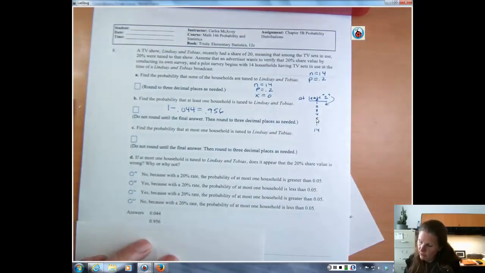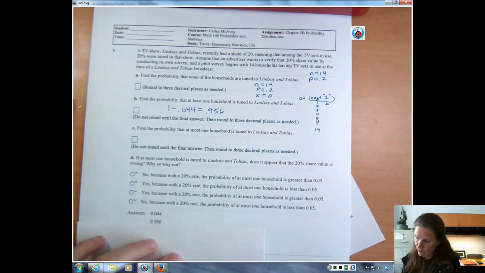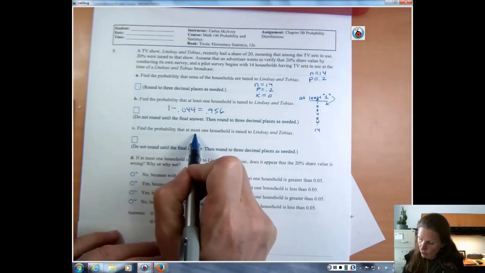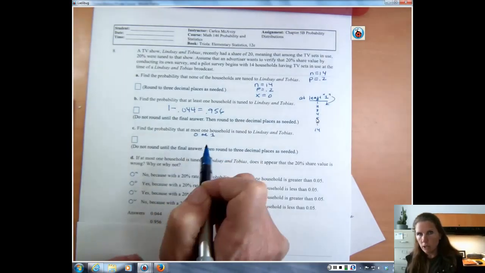Okay, find the probability that at most one household is tuned to Lindsay and Tobias. At most one, now that goes back to the other thing. At most one means 0 or 1. That's the most. It could be 1, it could be 0.